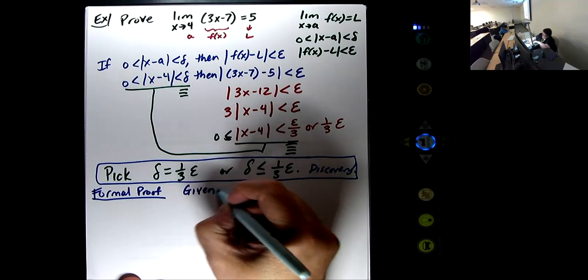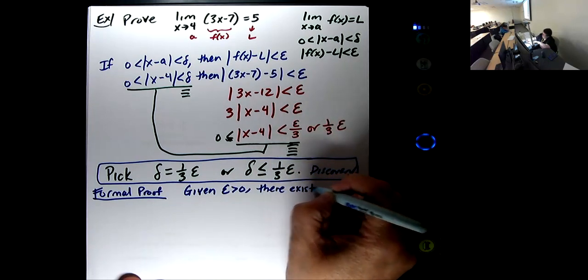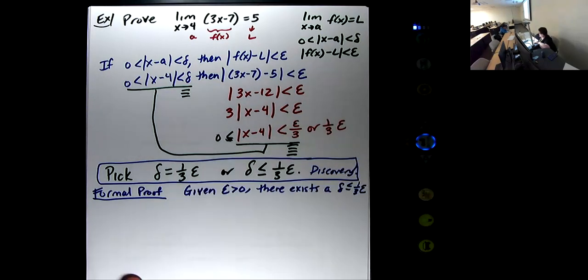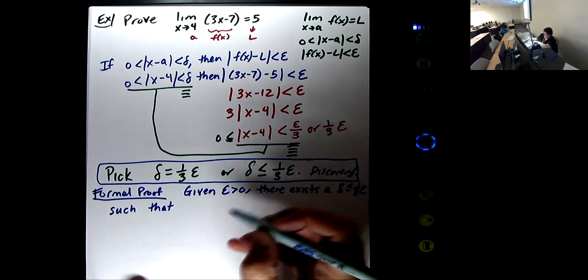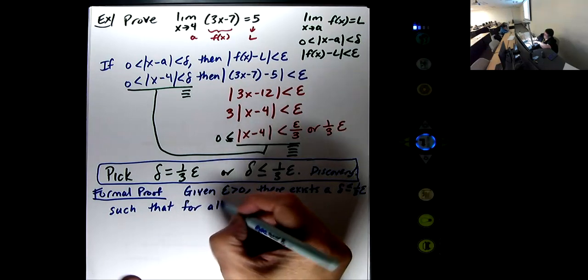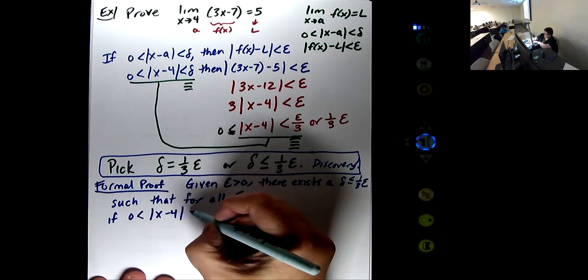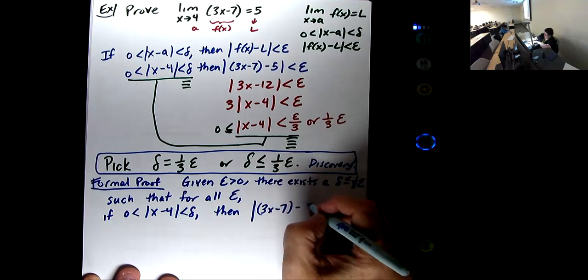Given an epsilon greater than 0, there exists a delta less than or equal to 1/3 epsilon, such that for all epsilon, if 0 is less than |x minus 4| is less than delta, then |3x minus 7 minus 5| is less than epsilon.